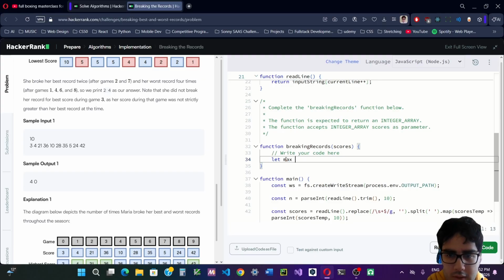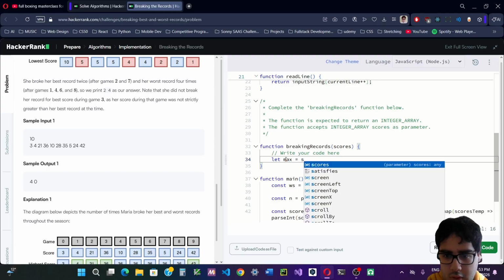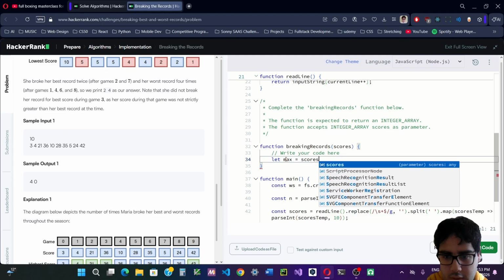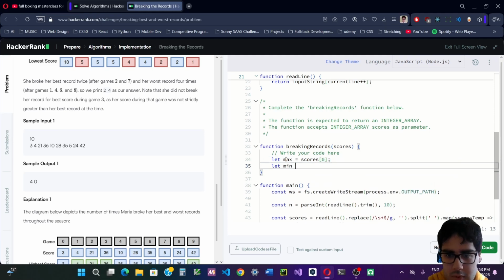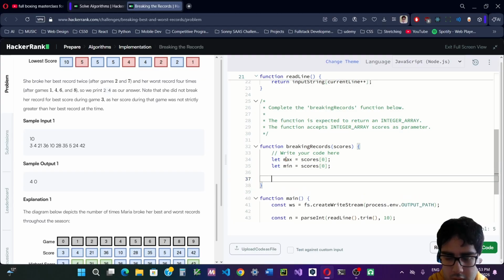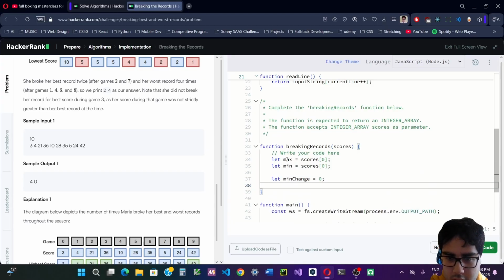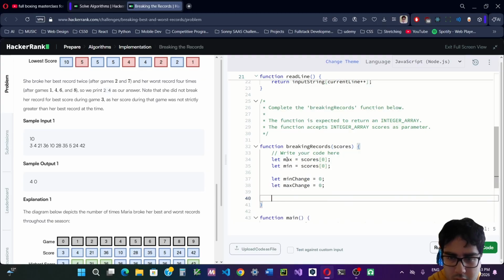So let max equal scores[0]. Let min equal scores[0]. Let minChange equal 0. Let maxChange equal 0.